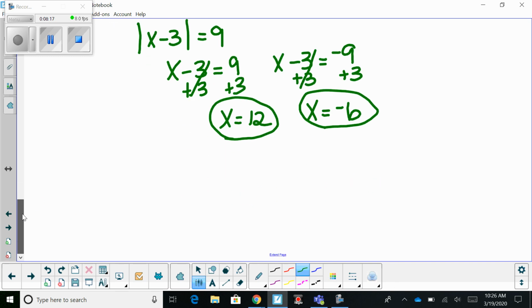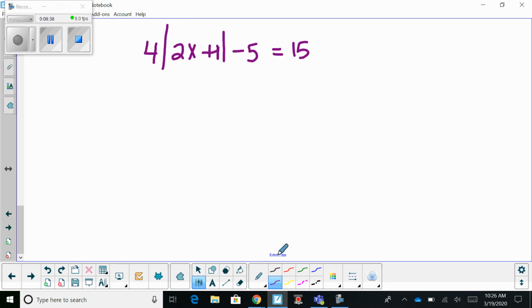Let's look at one more example that I'll just make up. If we have 4 times the absolute value of 2x plus 1, minus 5 equals, oh, I forgot my 1, didn't I? 2x plus 1 equals 15. You've got to get those absolute values by themselves first.